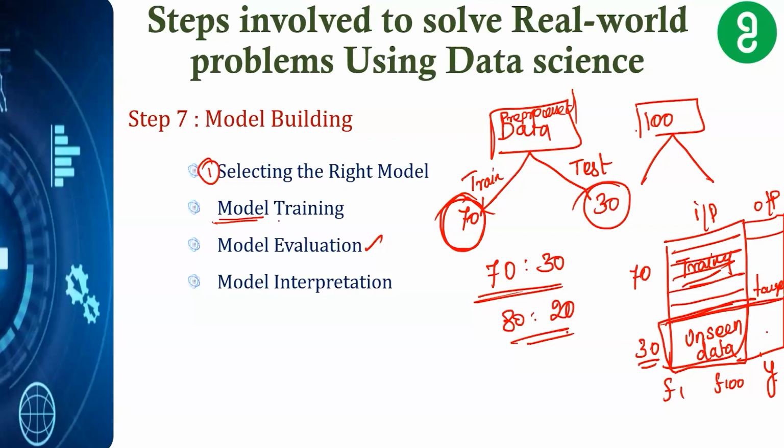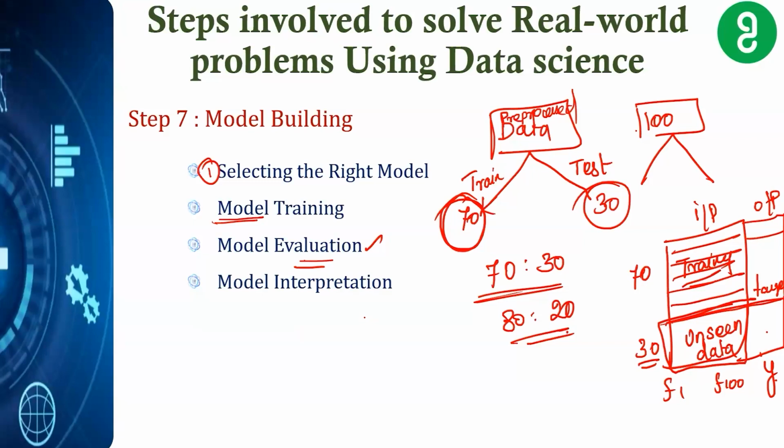Under model evaluation, there are a lot of performance evaluation metrics. Which you use depends on your problem statement. If you are going to predict the price of a house, an insurance cost amount, a car cost, or a mobile price, that comes under regression, right?